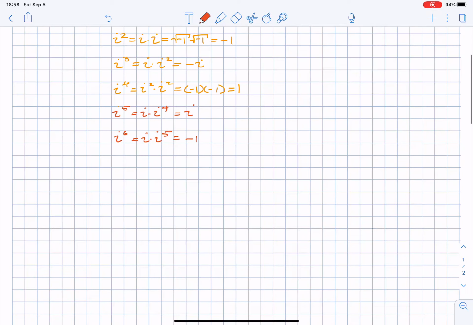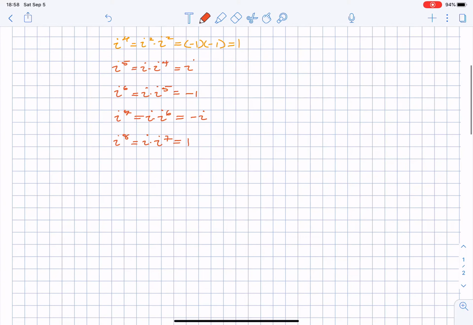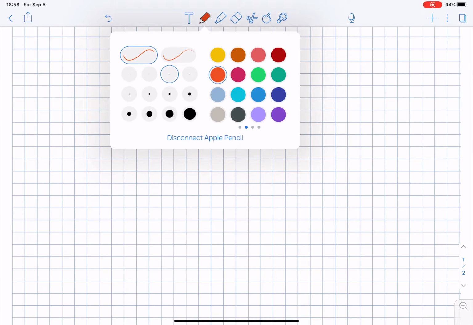So the cycle continues: i to the seventh is i times i to the sixth, so we get -i, and finally i to the eighth will be i times i to the seventh, or the negative of -i squared, which is +1. So there's a cycle here.